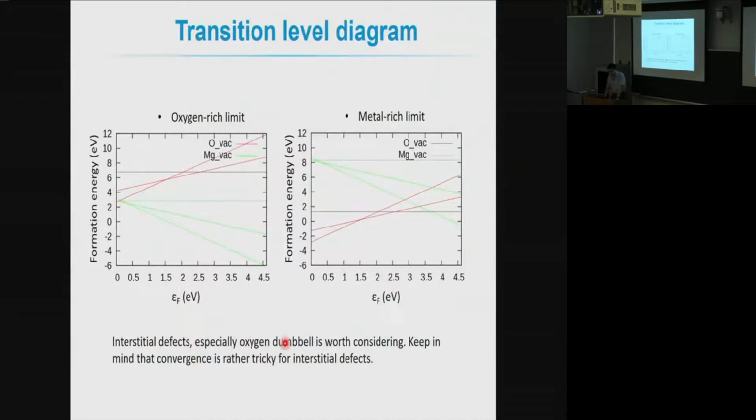But the problem is that for those interstitial defects, because of the large strain, your lattice relaxes much more, and so you need to take a larger supercell to have a converged result.